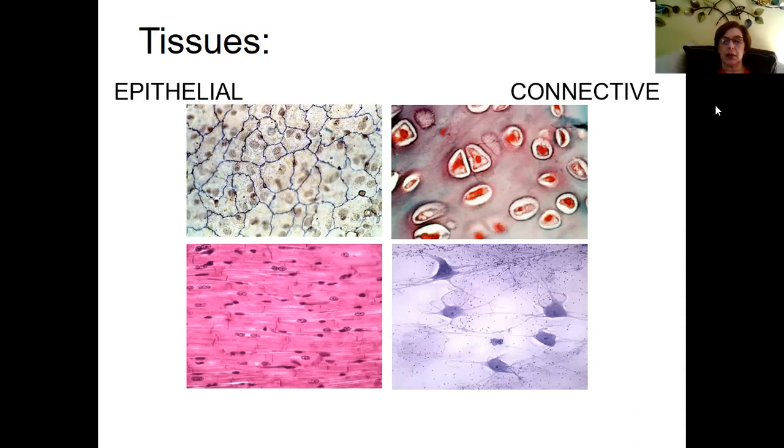This has things like fat, blood, bone, cartilage, very diverse tissues, but they all serve in some way to connect physically, like tying things together like tendons and ligaments, or to carry things. Blood connects the nutrient needs of your heart to your fingers. So it can connect in more ways than one. And again, that's the next chapter.